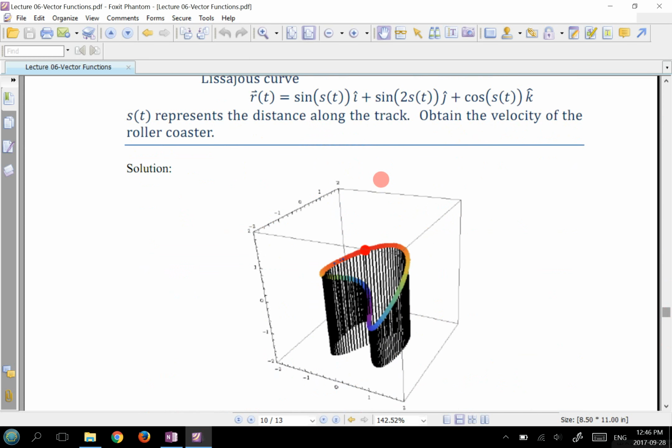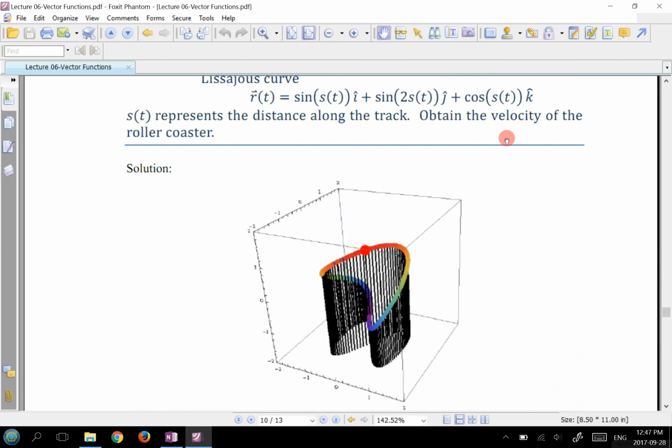If you plot it out, it'll look like this kind of shape. If you go to any amusement park, the curvatures of a roller coaster are mathematically designed, not arbitrarily designed. So part of that curve can be described by this vector function right here.